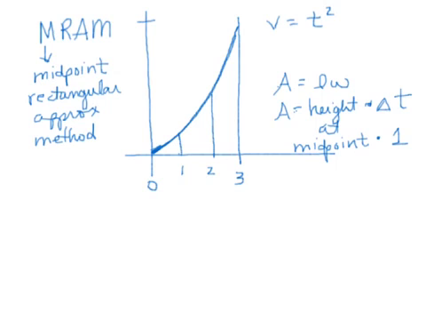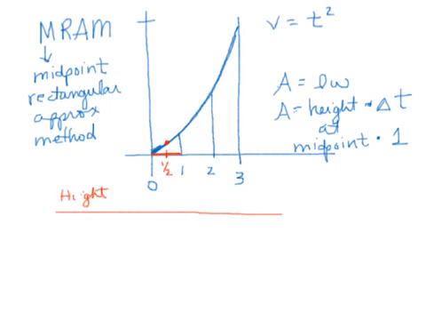Halfway through this first rectangle is 1/2. That tells us where the midpoint is. And what we're looking for is how high it is right there, where I just put the dot. Since v is equal to t squared, we want to find the height. We'll make a little chart here.